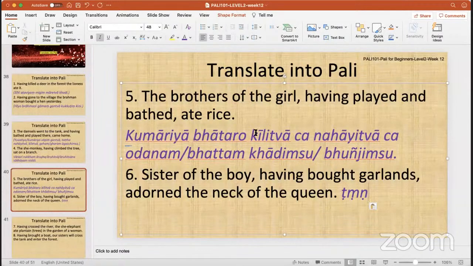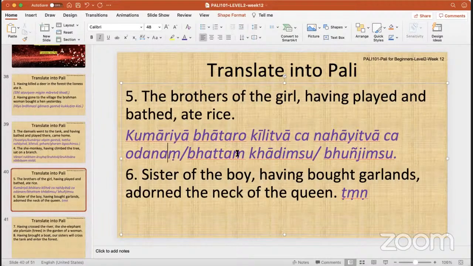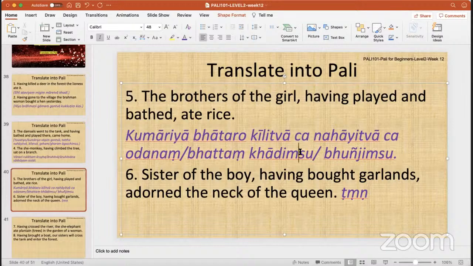So we need to add here, and then here. And then here, carving.